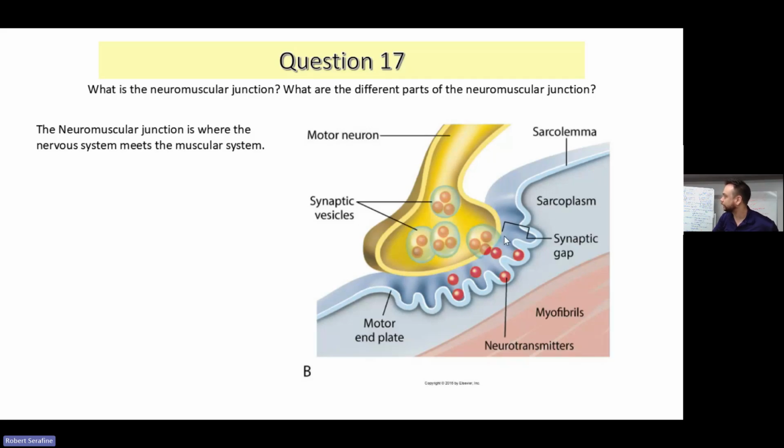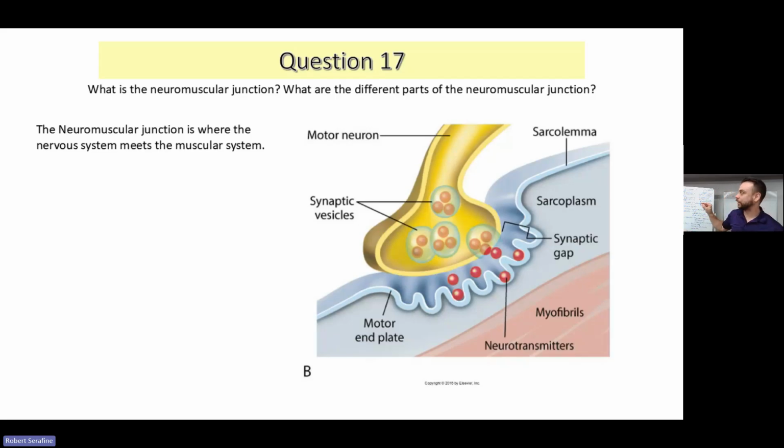It's kind of like when you've been riding in the back seat with your brother or sister and you're antagonizing each other and it's like, I'm not touching you. This synaptic bulb doesn't actually physically touch the muscle.